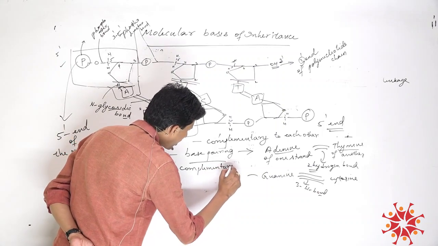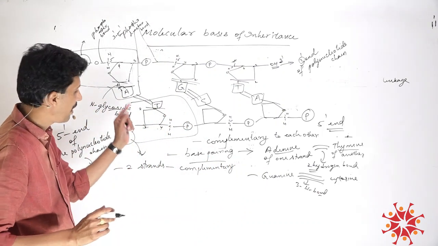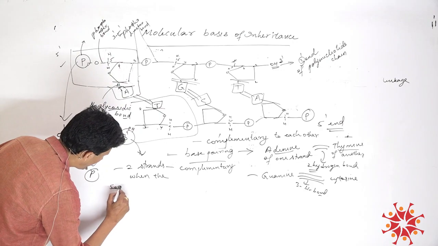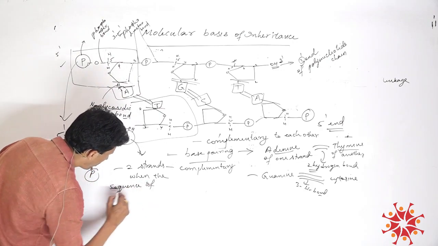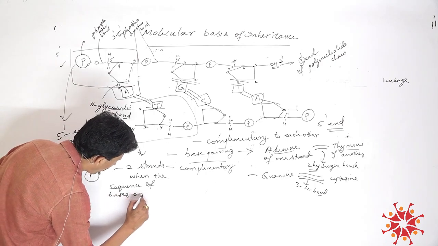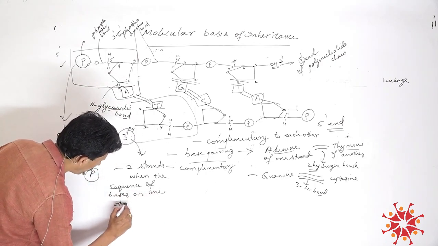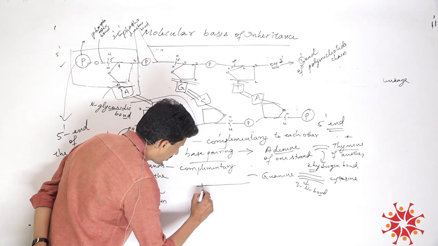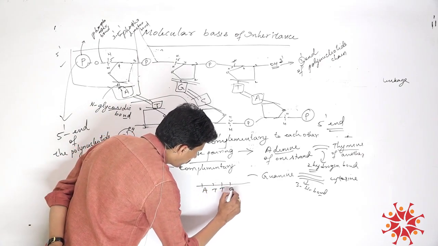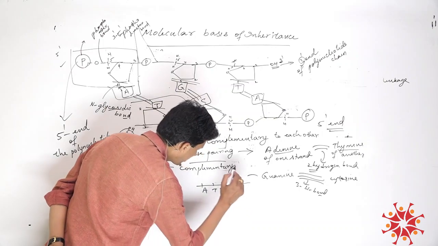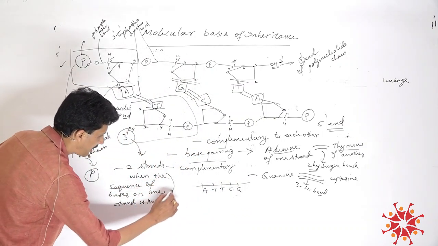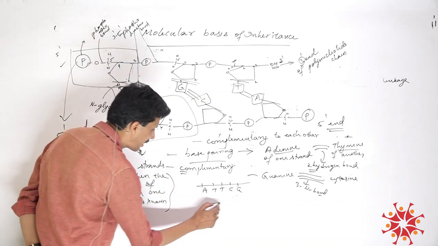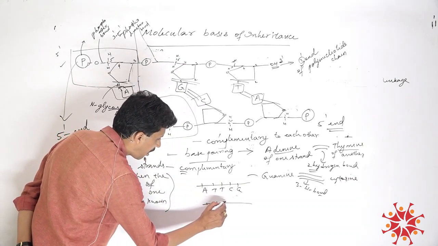So when the two strands are complementary, if the sequence of bases on one strand is known, since you know that the base pairing is complementary, you can easily predict the opposite base pairs.